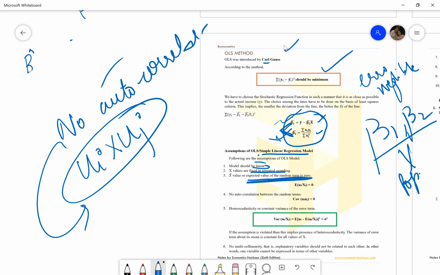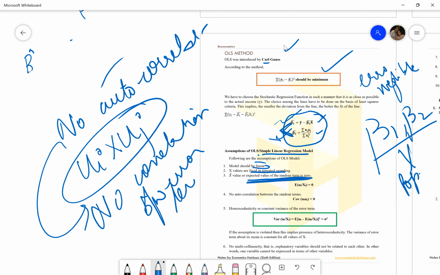So autocorrelation is no correlation between error terms. So the covariance between your error terms is 0.